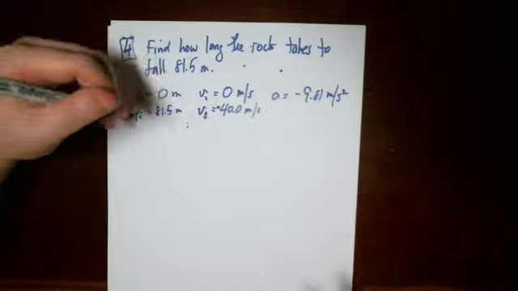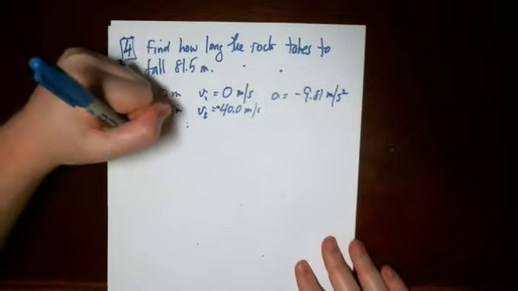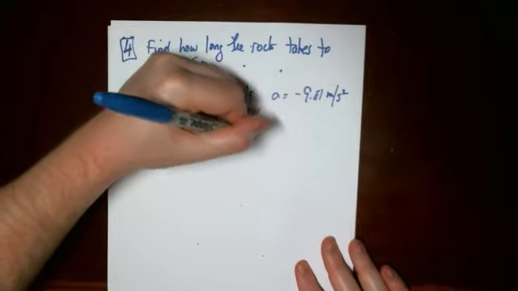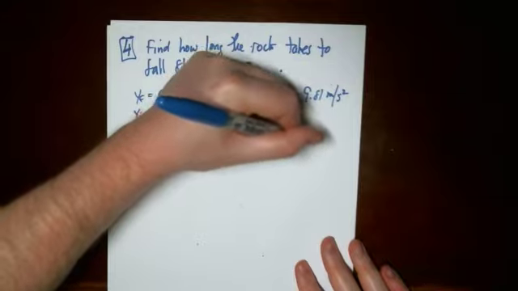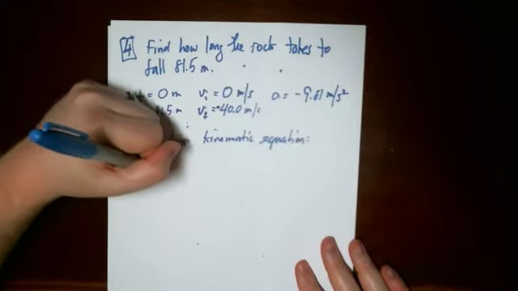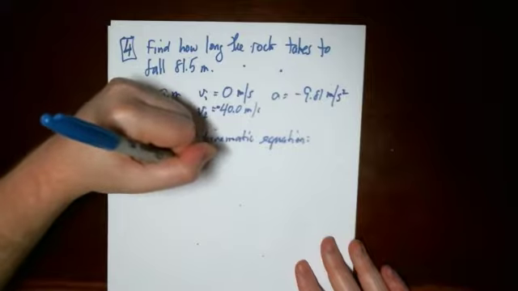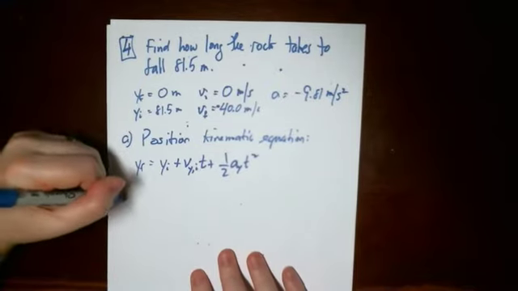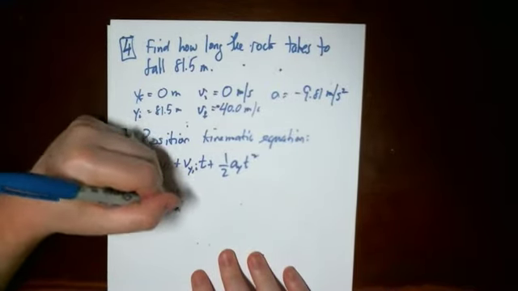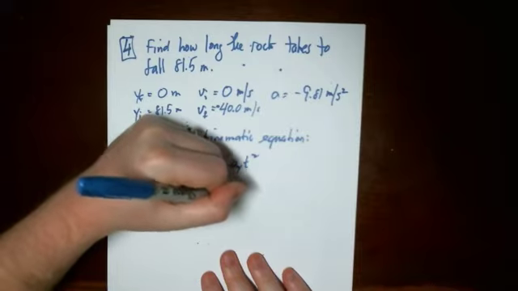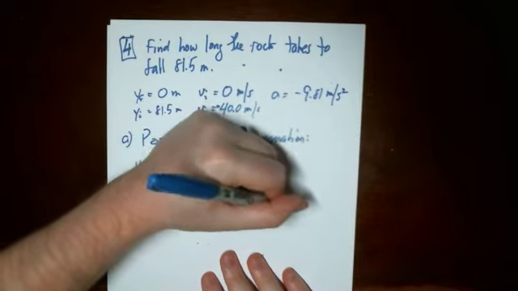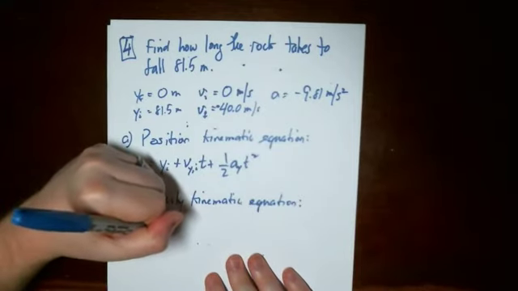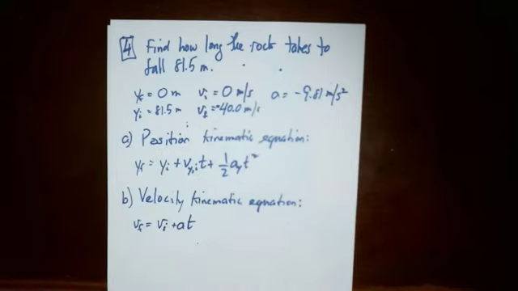We can either use our position kinematic equation, YF equals YI plus VYI T plus 1/2 AY T squared, or we can use our velocity kinematic equation, which would just be VF equals VI plus AT.